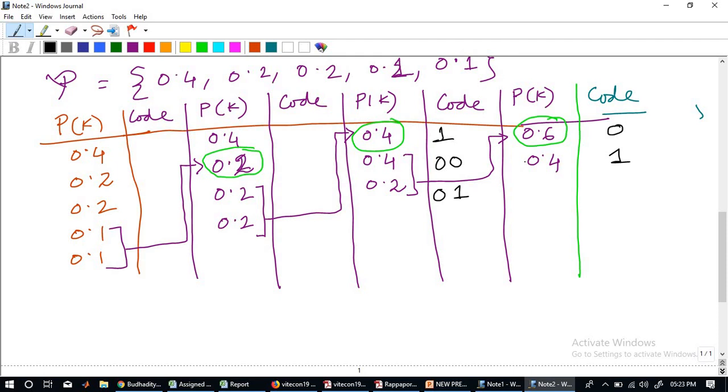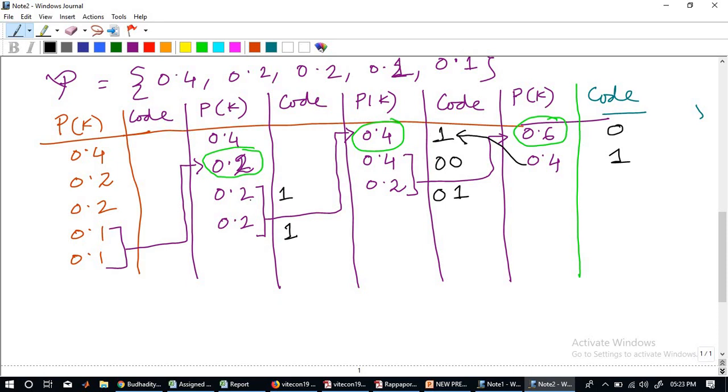Because this 0.4 is nothing but this one. Yes, we are going back calculating, right? So this was 0.1, that's why I have written 1. Now, this 0.4 is generated by this 0.2. Okay, come back here in the next column. 0.4 is generated by 0.2, so we will put 1 and 1 here.